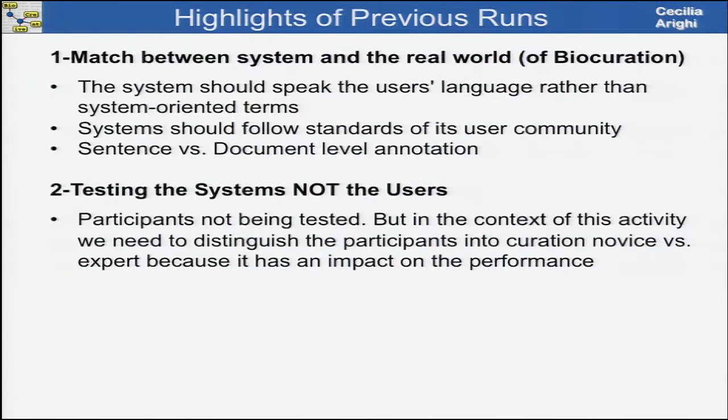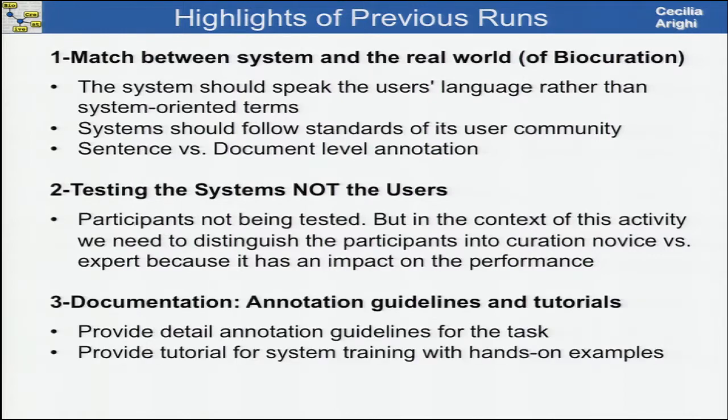For example, in the GO task, if we recruit some students versus if we recruit an expert curator. And the documentation, it's important that they provide guidelines and tutorials with examples. We have found that these are very critical things, because they help align the views from both sides.